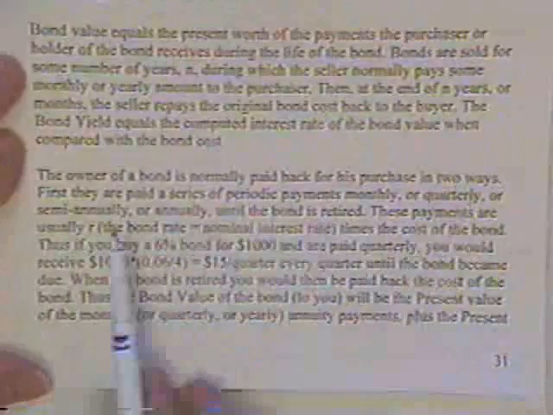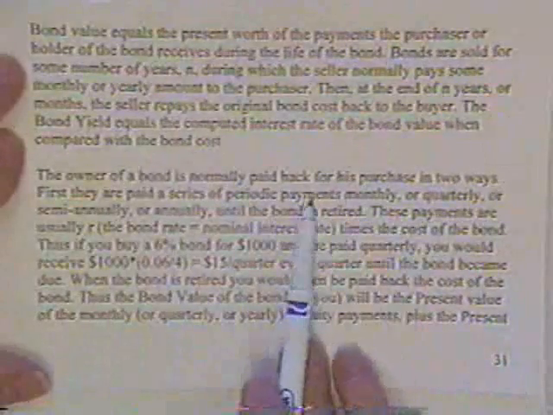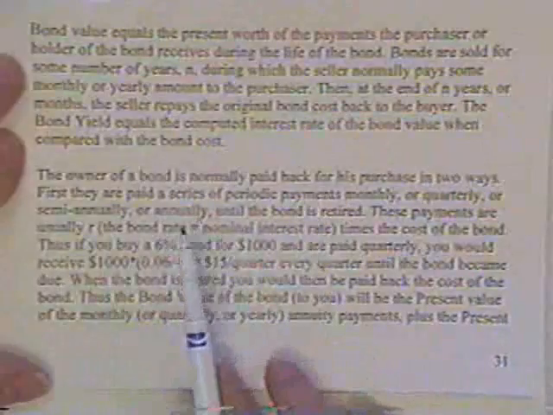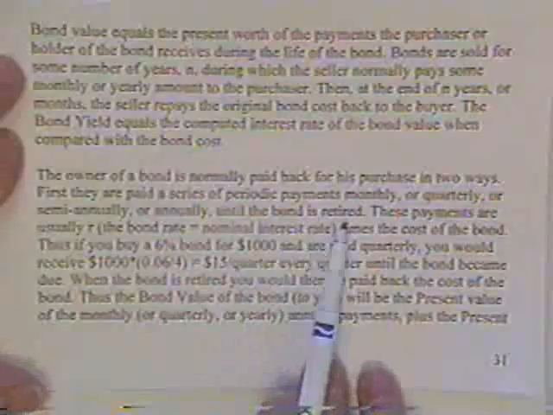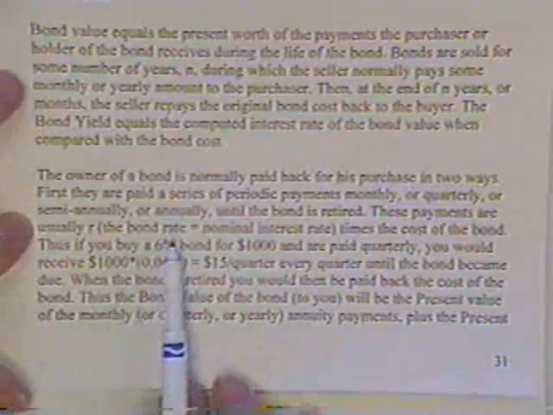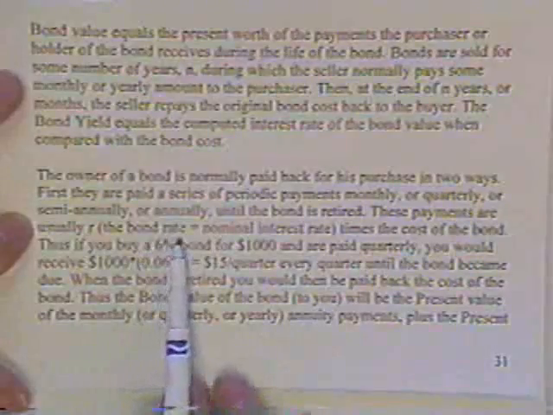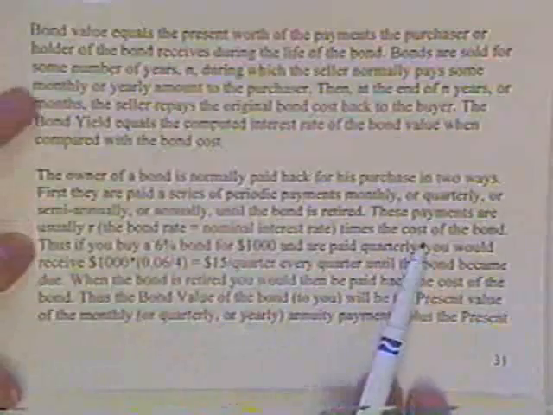Owners of bonds are normally paid back in two ways. First, you get a series of periodic monthly payments or quarterly payments or semi-annual payments or yearly payments, depending on the bond, until it's retired. These payments are usually given by the bond's rate, the nominal interest rate, times the cost of the bond.